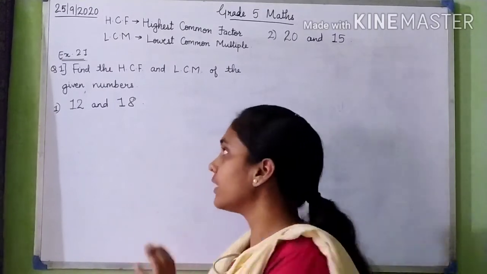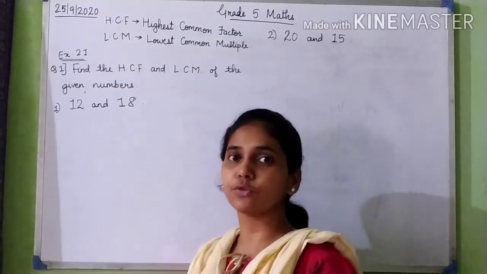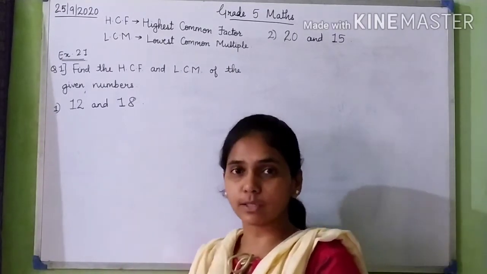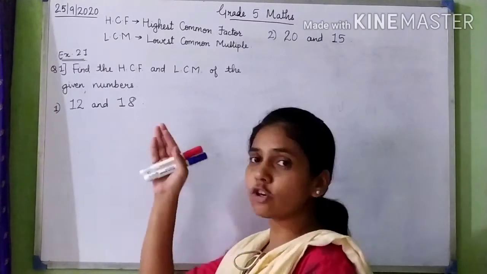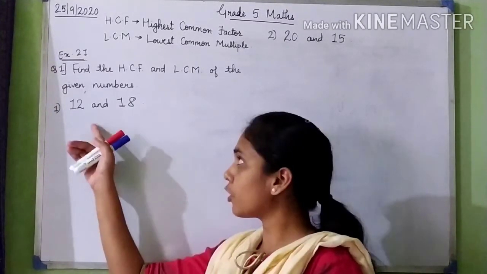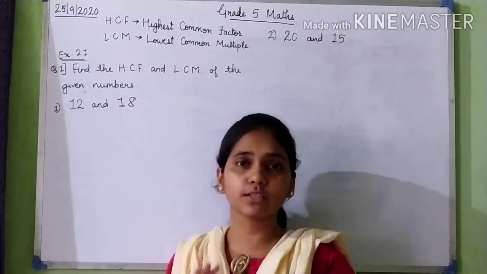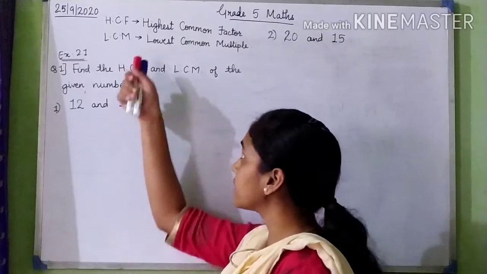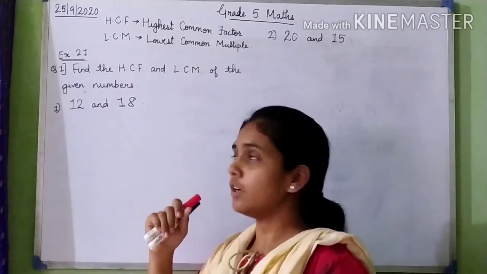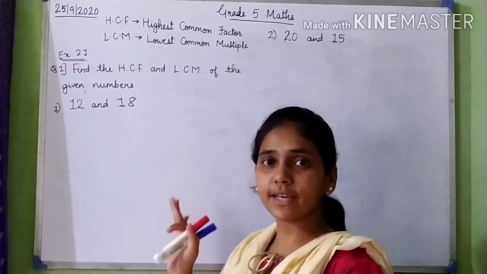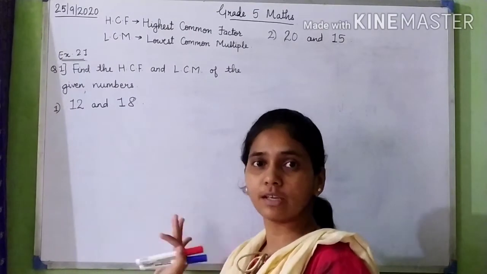So if any numbers are given to you, we first write their multiples and then we choose the common multiples from both the numbers, and then we see which is the lowest common multiple. That is known as the lowest common multiple. So we will see how to find the HCF and LCM of two given numbers.